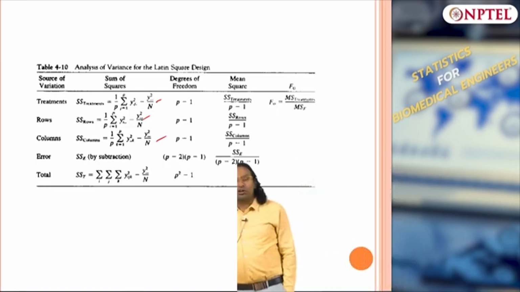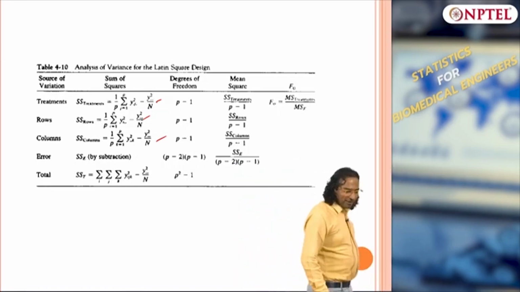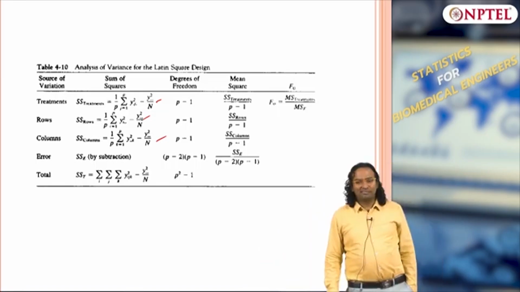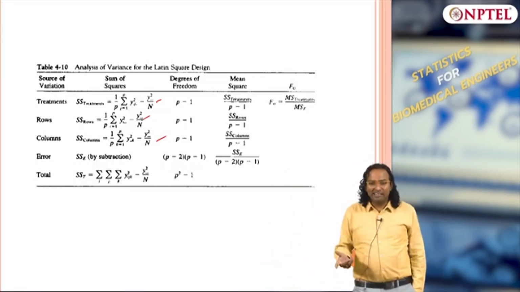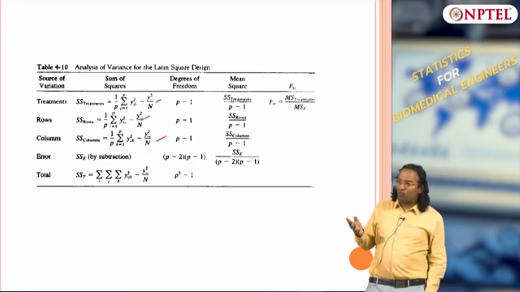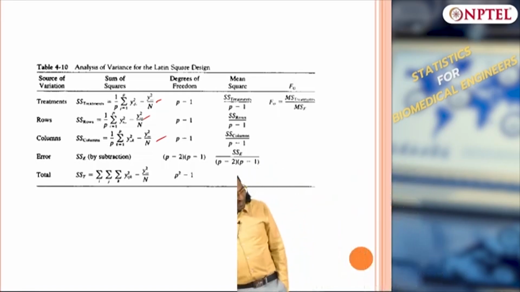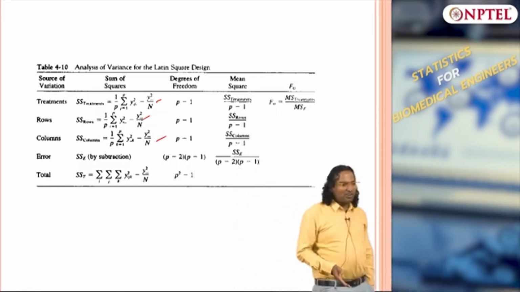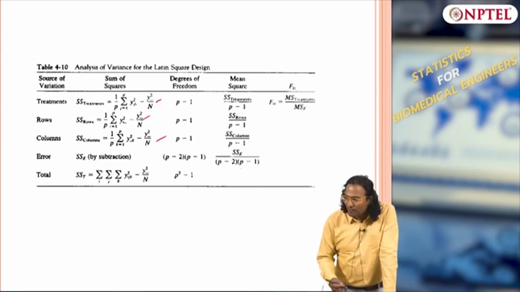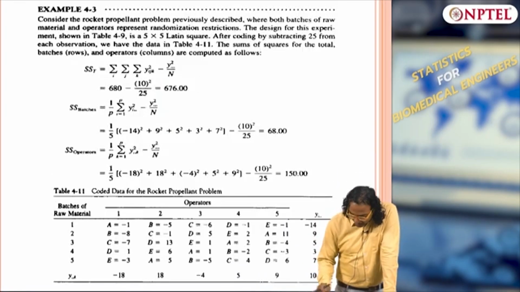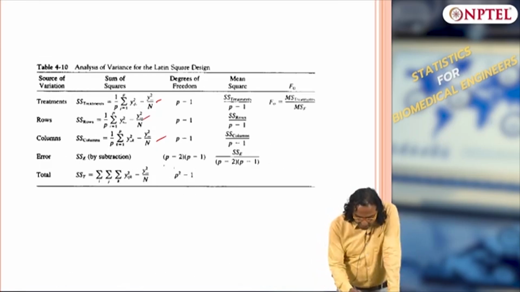Now, if it is a 4 by 4 Latin square, what is the degrees of freedom of treatments? It is just 3, pathetic, right? Very small, yes or no? If I have a 4 cross 4 Latin square, then I have only 3 degrees of freedom for treatment, 3 degrees of freedom for rows, columns, and what about degrees of freedom for error? (p minus 2) into (p minus 1), so 4 minus 2 is 2, into 3, which is 6.